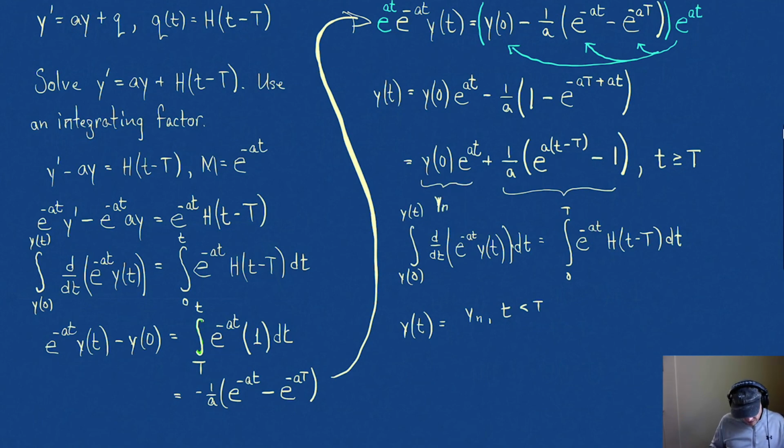And then after that, it's y complete, and y complete is what we have up here. This is y complete, for t greater than or equal to capital T. So the answer for integrating the step function actually creates a piecewise solution to our differential equation. I hope that helps, and thanks for watching.